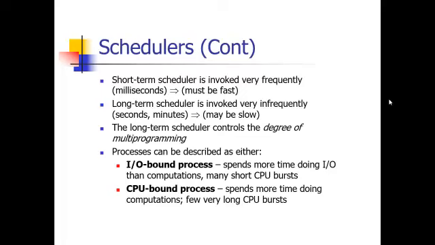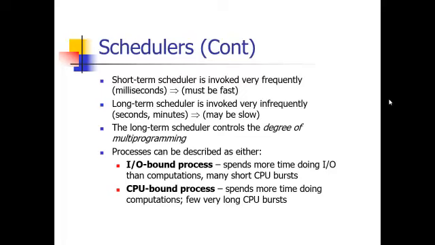Normally the time frame for the long-term scheduler will be measured in seconds or minutes. So the long-term scheduler will control the degree of multi-programming, that it has all the programs which can be converted into processes, and the short-term scheduler will identify the degree of multitasking. So how many tasks can be executed parallelly in a given computer system.